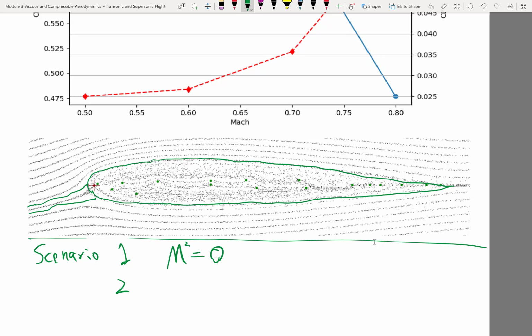Scenario 2, let me use red for scenario 2, is Mach squared equal to, let's make it less significant, Mach squared equal to 0.5. So here the Mach number is about 0.7 something, so already a very significant compressibility effect.